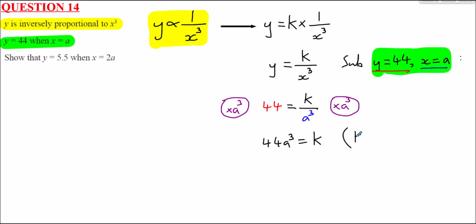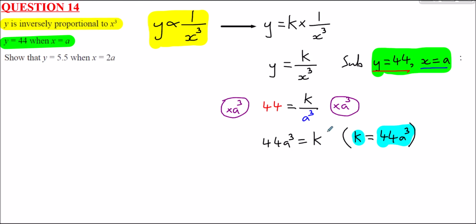Or reversing it, k is 44a cubed. So now we know what k is in terms of this a factor. K is 44a cubed. So now we need to show that y is 5.5 when x equals 2a.